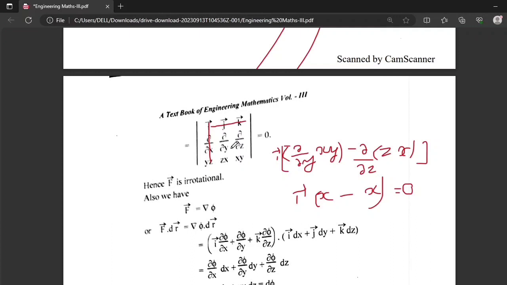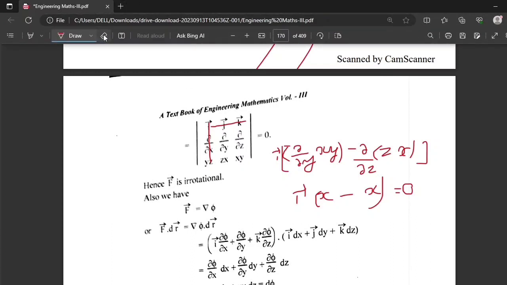Now for the second, the j vector, we cancel this column and this row, and the remaining is this 4. So remaining is del/del x of xy minus del/del z of yz.